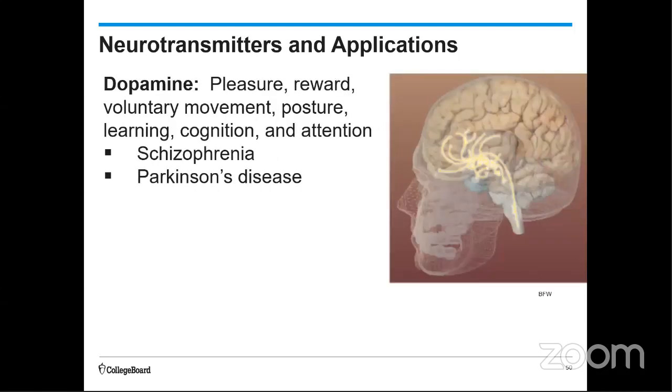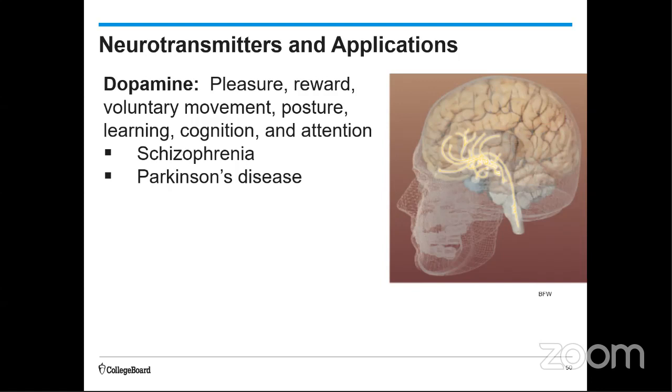Next up, we have dopamine, and this image here is the dopamine pathways through the brain. So you can see the various regions that are affected by the dopamine pathways. Dopamine is related to a lot of different functions: pleasure, reward, voluntary movement, learning, attention, and it has issues when it's related to over and undersupply in certain conditions.